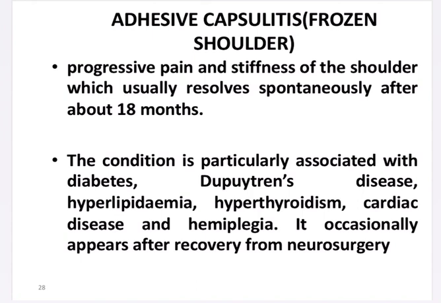There will be progressive pain and stiffness of the shoulder, which usually resolves spontaneously after about 18 months. The condition is particularly associated with diabetes, Dupuytren's contracture, hyperlipidemia, hyperthyroidism, cardiac disease, hemiplegia, and sometimes appears after recovery from neurosurgery.